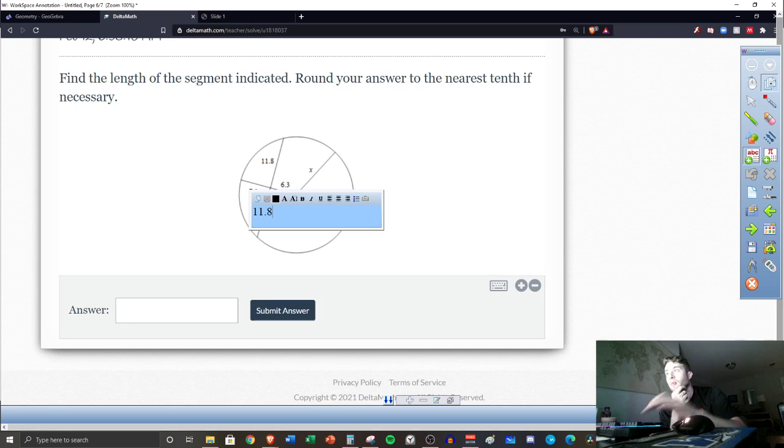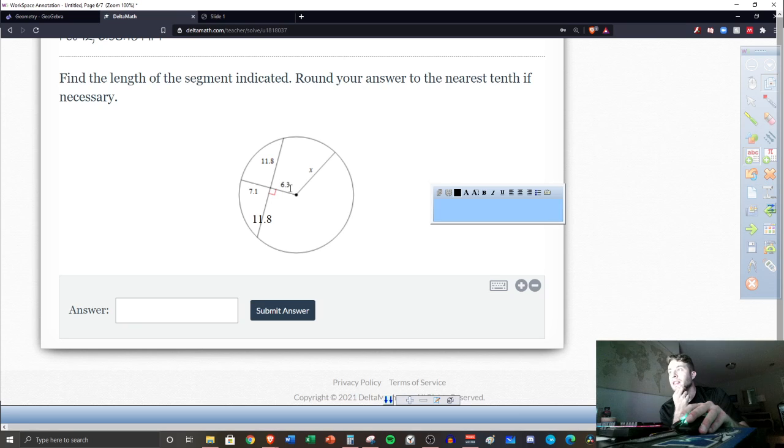We know that this is 11.8 for this line down here, but we know that the radius is going to be 6.3 plus 7.1. So the answer for this one should be the sum of 7.1 and 6.3, which is going to be 13.4. So that should be your answer on that one.